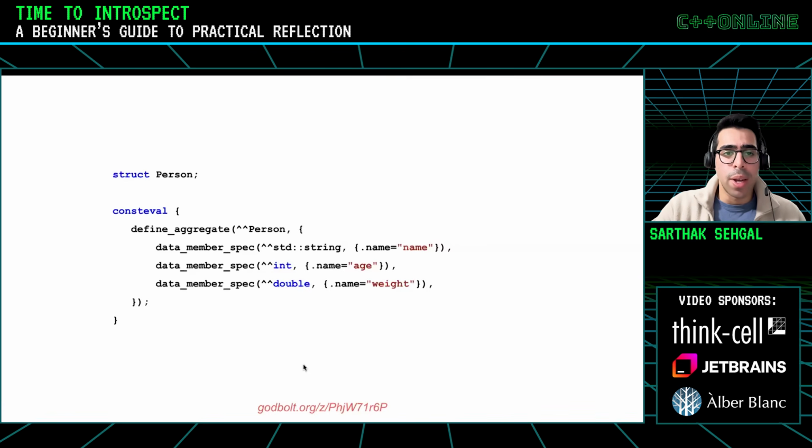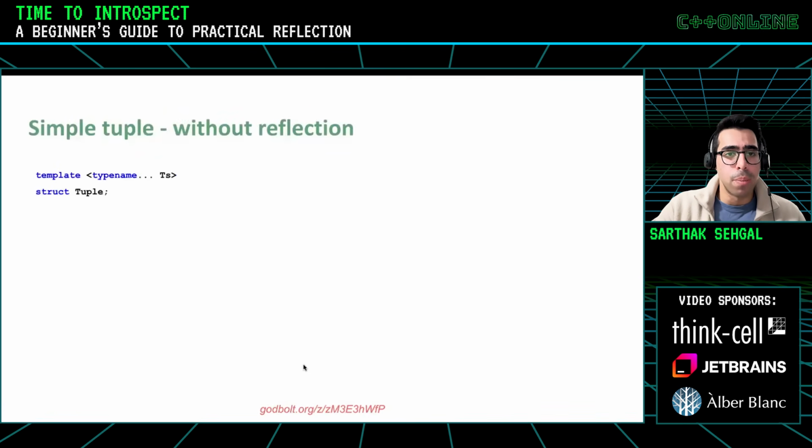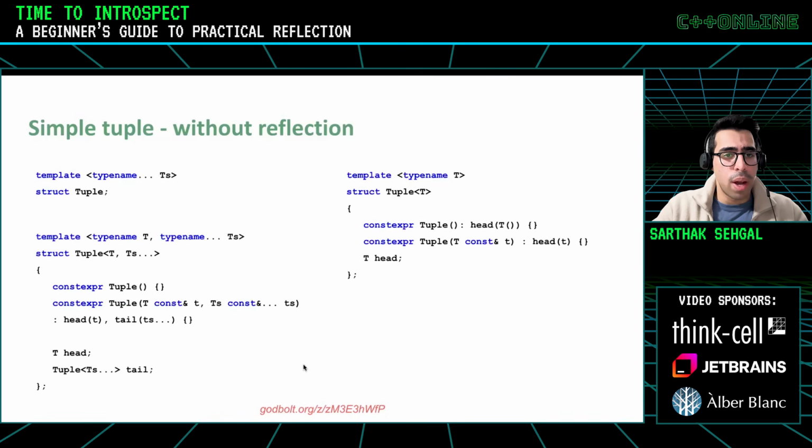So let's have a look at an example where we're trying to implement a simple tuple. Before C++26, or before reflection, this is what a simple tuple implementation would look like. Given we just have a few minutes, I'll just show you the whole implementation. Essentially what we're trying to do is we have this class tuple.